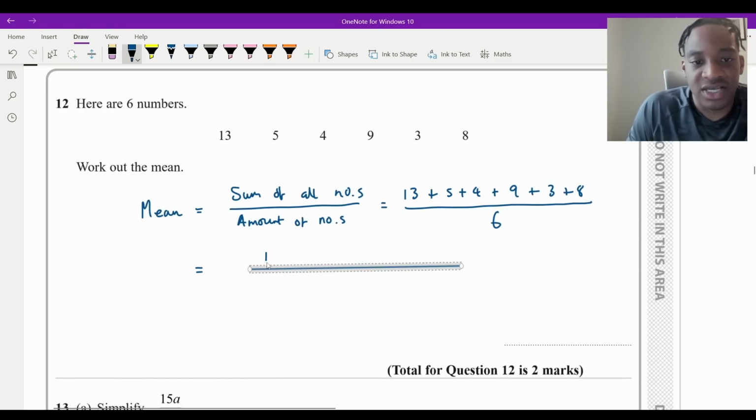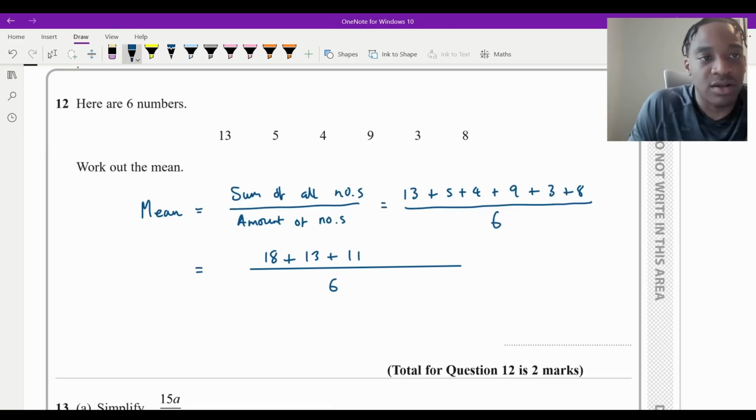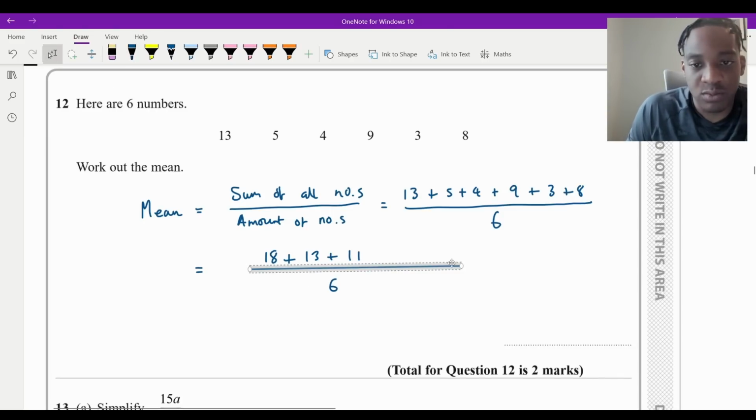13 plus 5 is 18, right? And then I'm going to do the 4 plus the 9, which is 13, like this. And I'm going to do the 3 plus the 8, which is 11. This is all over 6, right? Now, let me just make the fraction bar a bit smaller. Okay, now let us continue.